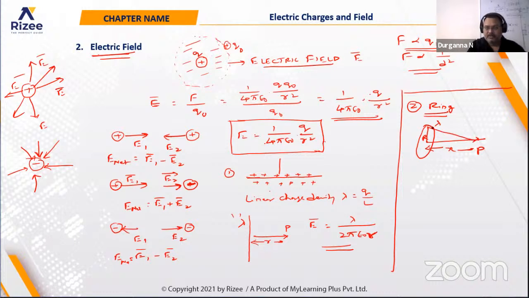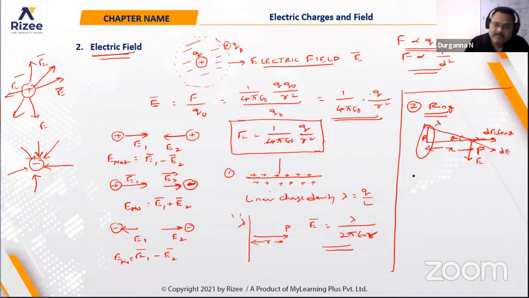What will be the electric field for this ring at a particular point on the axis? To solve, we consider an elemental point over here. The electric field will be directed in this way and can be resolved into two components, dE cos theta, if this is theta with respect to the x-axis. If you derive, the vertical components will be cancelled, and only the horizontal components, E cos theta, will be left over.